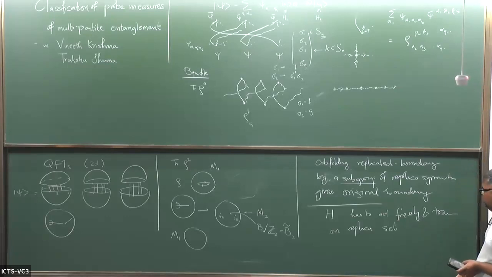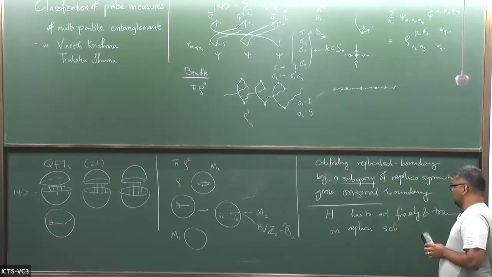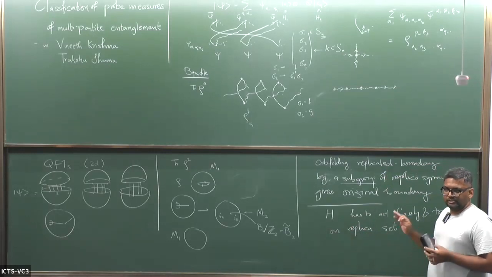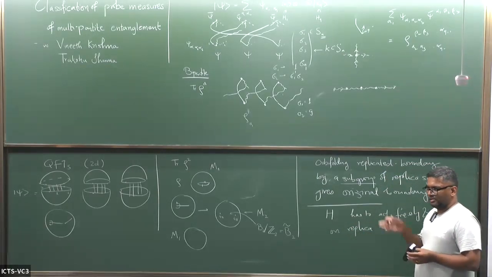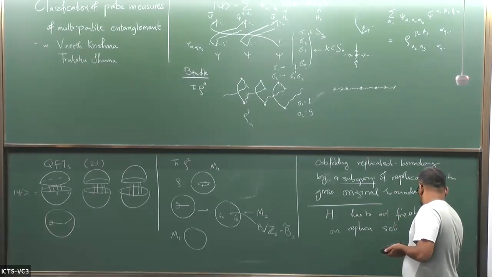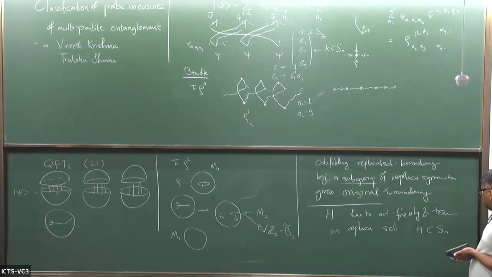So, as I said, it has to act freely and transitively on the replica set. At this stage H could be anything, abelian or non-abelian, but I'm going to choose it to be abelian, so that it cannot be folded by an abelian group. H is some subgroup of Sn which acts on these n things in a free and transitive way.